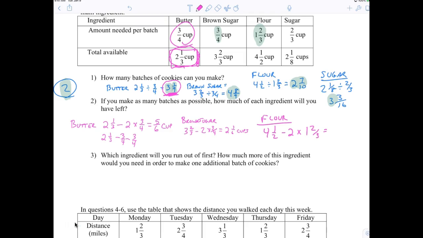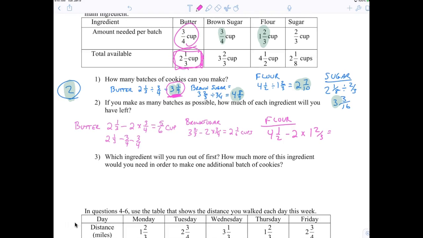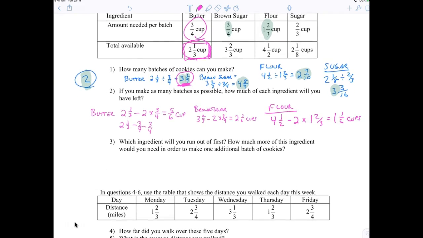Everybody should be trying on their calculator. We're practicing. One and what? Anybody else get 1 1/6? All right, so we're awesome. And after flour, I just need regular sugar.